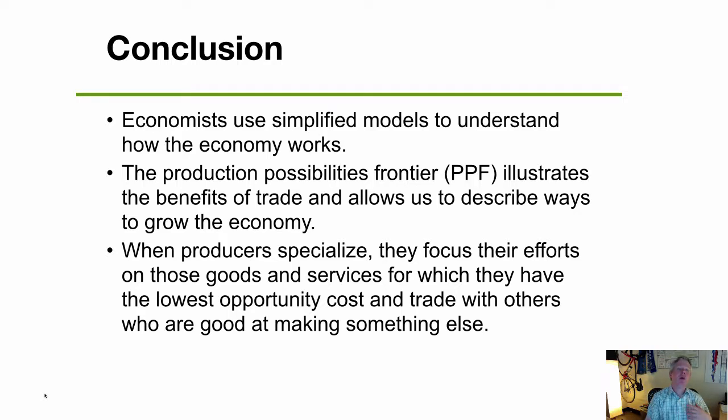We introduced our first model, the production possibilities frontier, and it showed us, first of all, the combinations of two goods that a person could produce. We also used it to illustrate gains from trade between two people. We also looked at opportunity cost, and we looked in detail at the idea of comparative advantage, whoever has the lower opportunity cost.